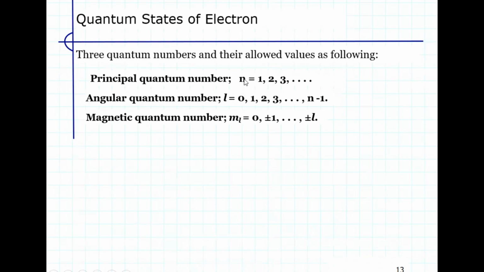The first is related to energy, second is related to the magnitude of the angular momentum, third is related to the direction of the angular momentum vector. N can have 1, 2, 3, and so on. L can have 0, 1, 2, 3 up till N minus 1. The magnetic quantum number can have 0, plus minus 1, plus minus 2 up till plus minus L.